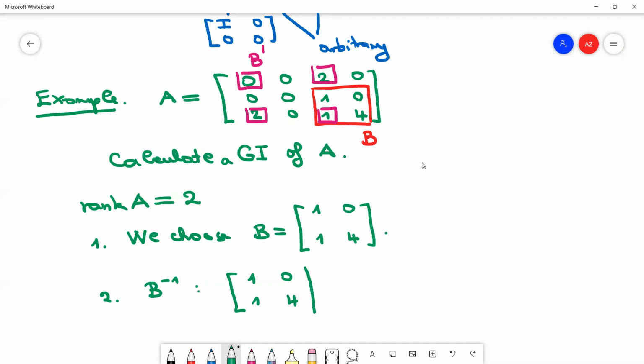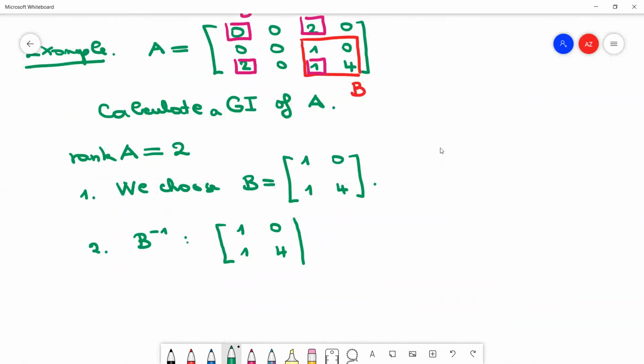One way is to write our matrix B on the left side and then identity on the right, and by Gaussian elimination, using row multiplication and row subtraction, achieve identity on the left side.